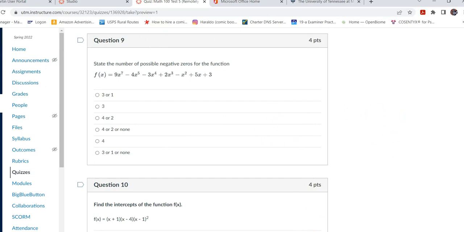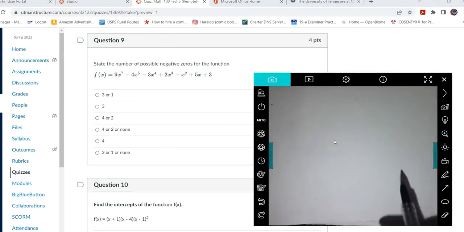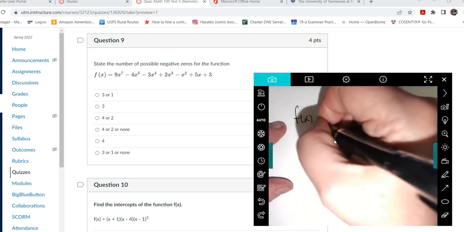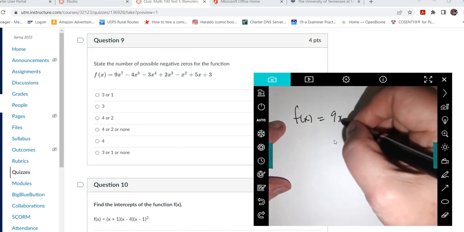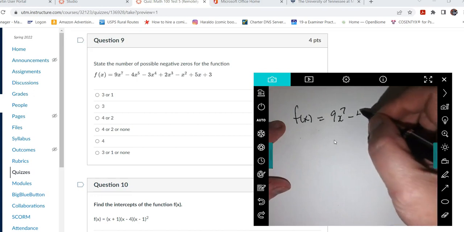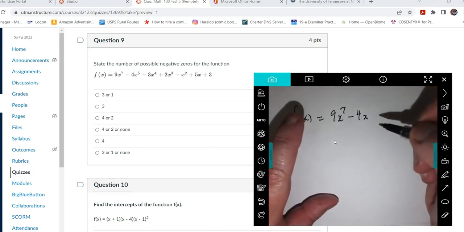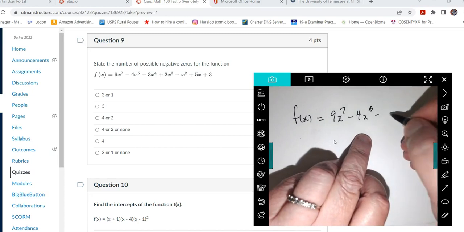Okay, so if I'm going to get the number of negative real zeros, I have to count the number of sign changes for f of negative x. So I'm going to have to write that.